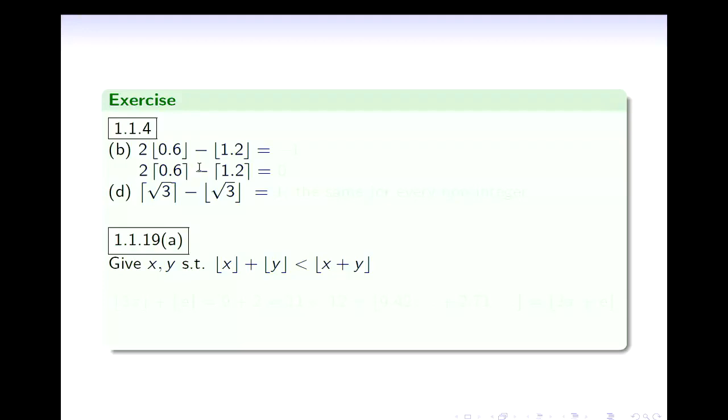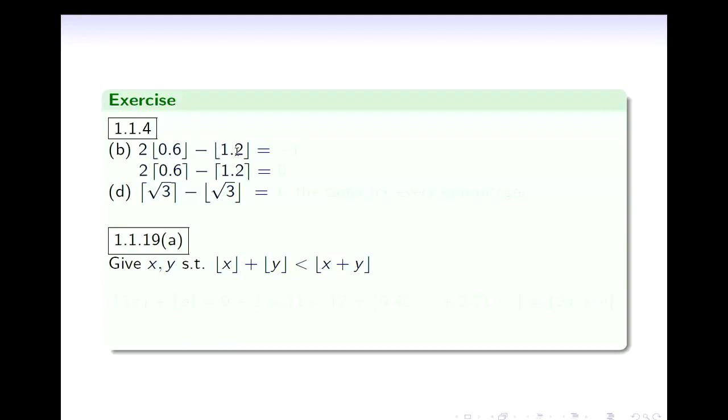Can anyone provide the answer to the first question? What is 2 times the floor of 0.6 minus the floor of 1.2? Minus 1. Everyone says minus 1. Yep, this is exactly right, because the floor of 0.6 is 0. 2 times 0, of course, is 0.